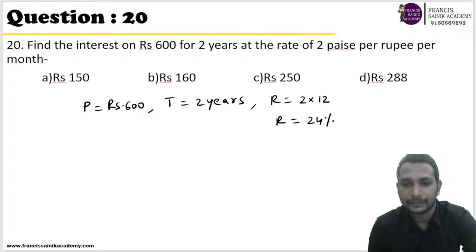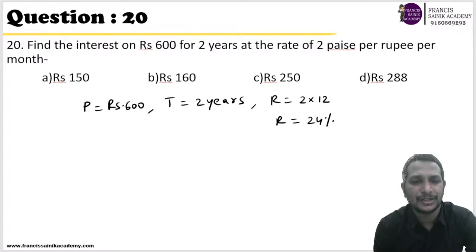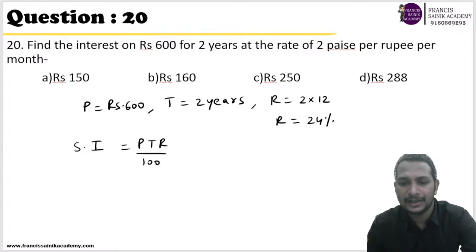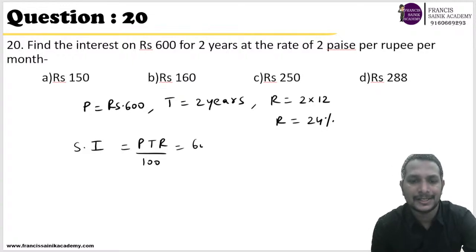Okay, as they gave the values of P, T and R, they are asking to find the simple interest. Simple interest is PTR by 100. P into T into R by 100. 600 into 2 into 24 by 100.